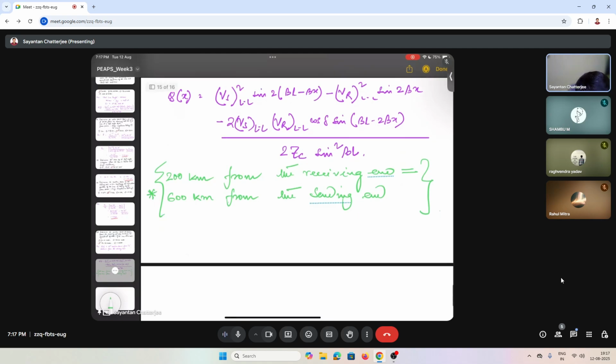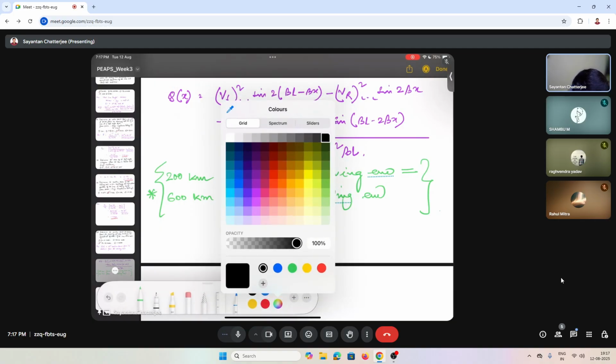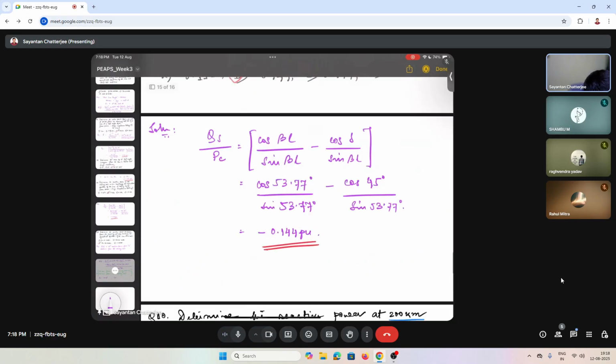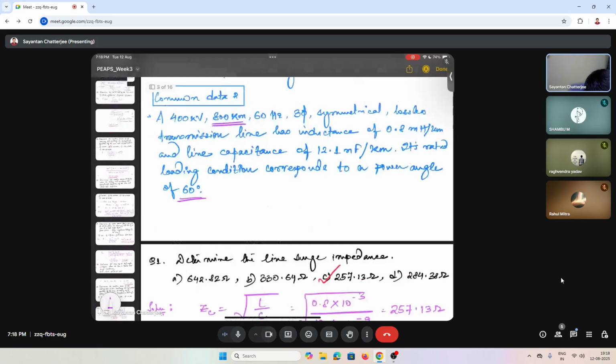Values of Vs, Vr are already known. Beta x we need to calculate first, because beta L we have, the value of beta L is 53.77. We already know that. But beta x we need to calculate. I think we haven't calculated beta value.